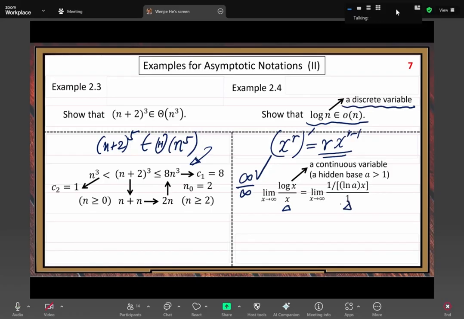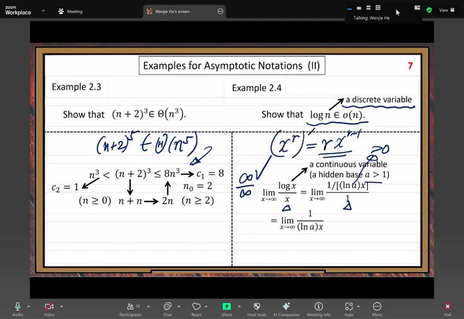Then for the numerator, we apply the formula for the derivative of the log function. That is 1 over the natural log of a, times x. Because a is greater than 1, this value is a positive constant. Then we do simplification.